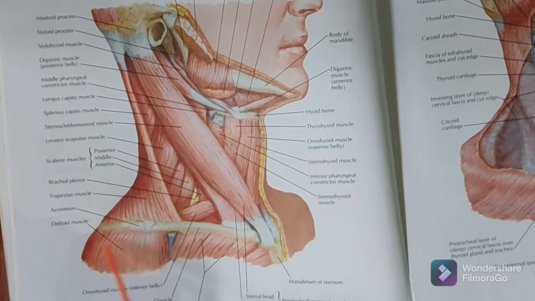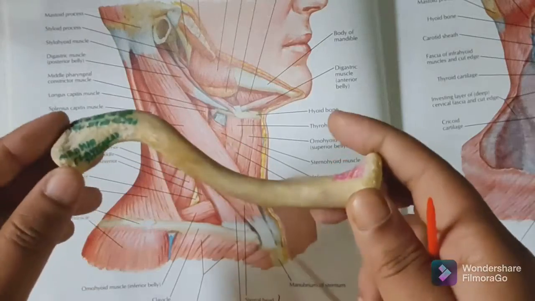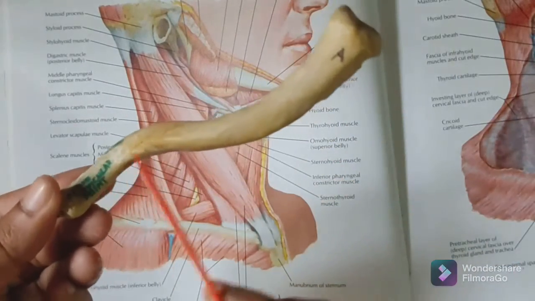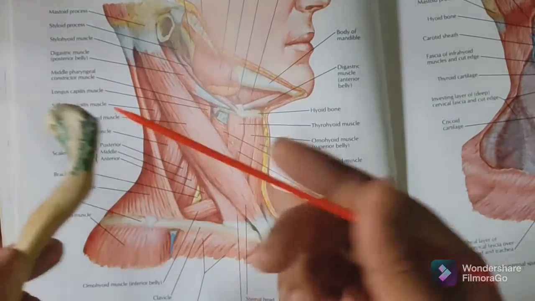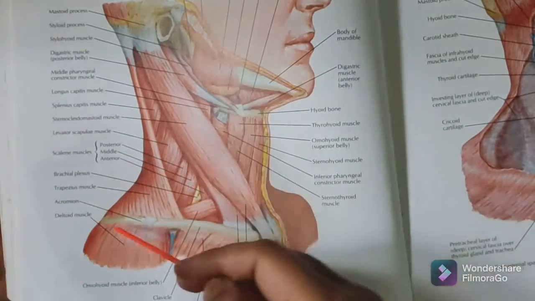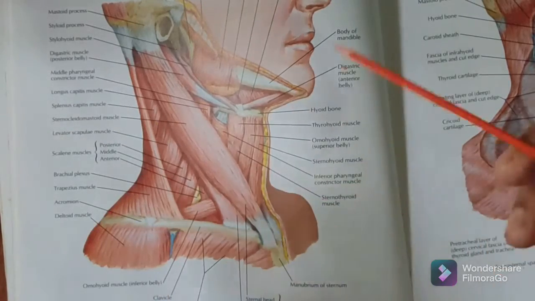And this is the deltoid muscle, which is attached to the anterior border of the lateral third. And this is the trapezius muscle, which is attached to the posterior border of the lateral third.